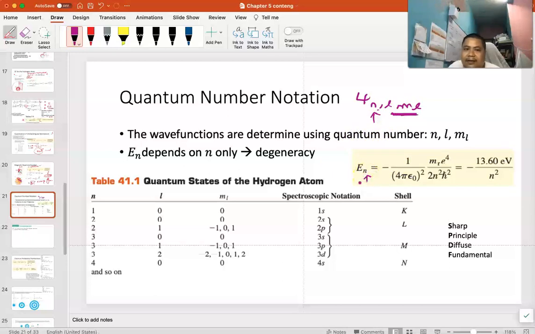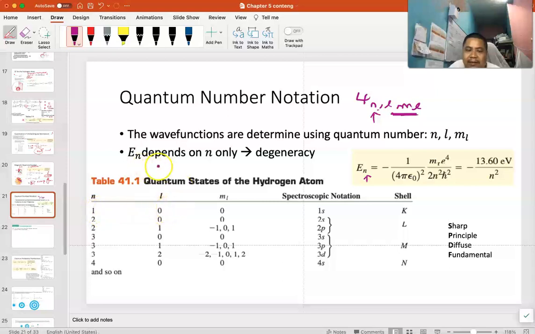Okay, oleh sebab ada beberapa kombinasi NLM yang akan memberi tenaga yang sama, maka akan ada degeneration of energy dalam hydrogen atom. Okay, so kita tengok susunan di dalam hydrogen atom. Paling bawah sekali N sama dengan 1 dan L boleh ambil kosong je.